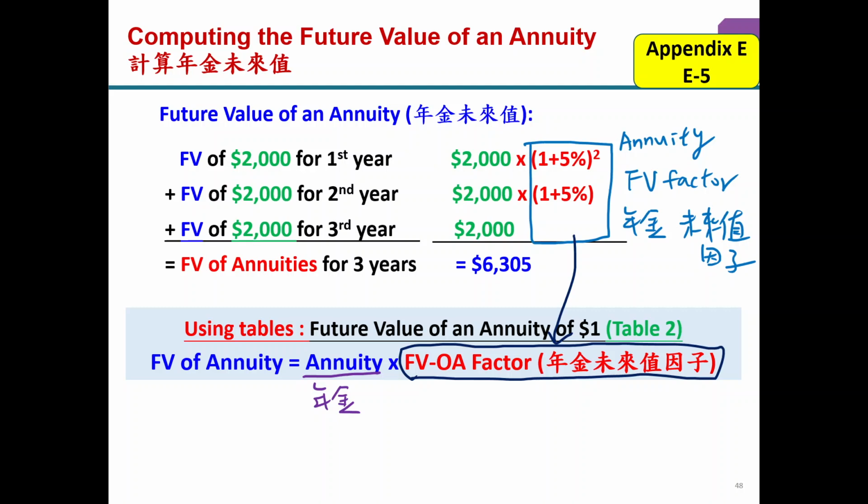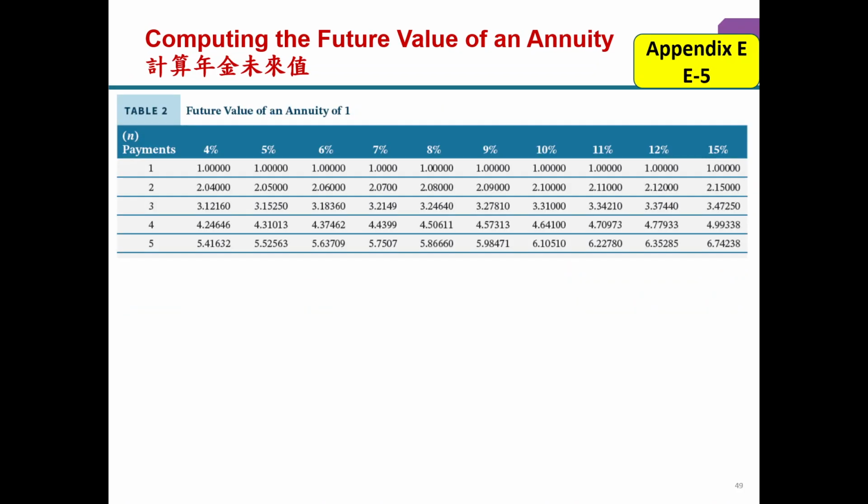So this table is right here. For the annuity, 年金, we try to find out the future value. So you have to find out the table.